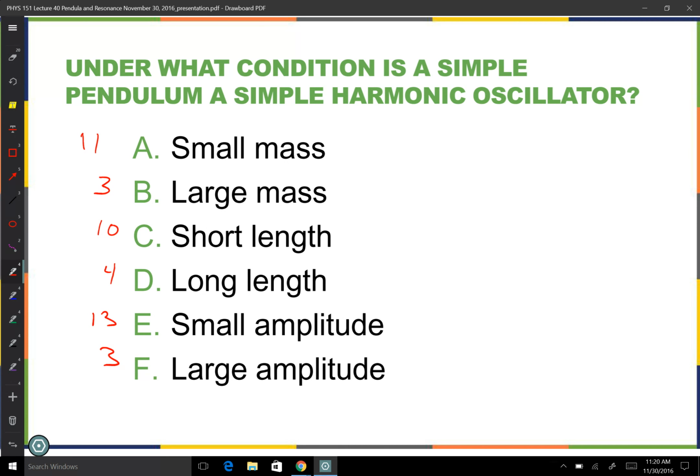I said small. The conditions you're talking about is being small. So if not in the neighborhood, it doesn't work. And I just want people to have time to discuss it.